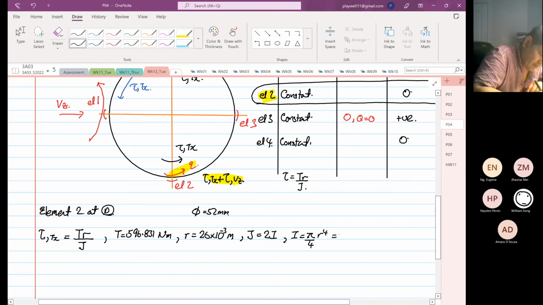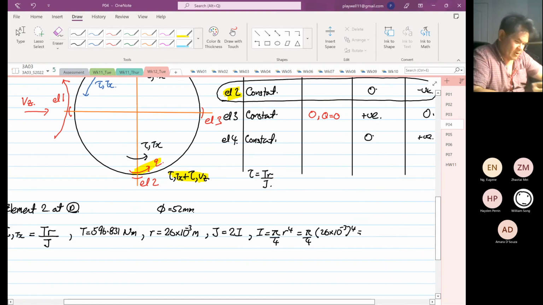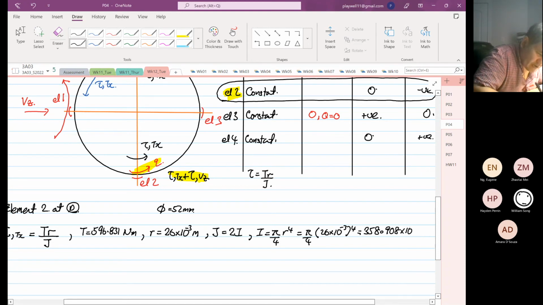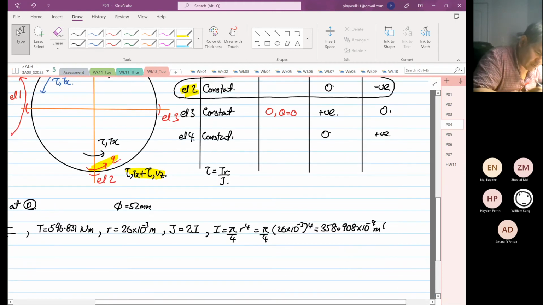So pi over 4, radius 26 times 10 to the power minus 3, to the power 4, is equal to 358.908 times 10 to the power minus 9 meter to the power 4.